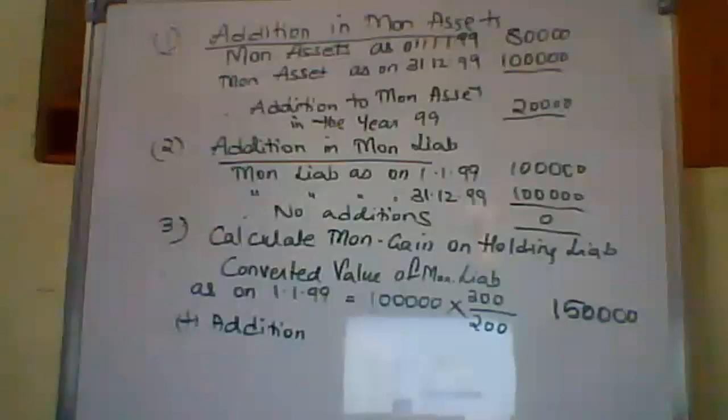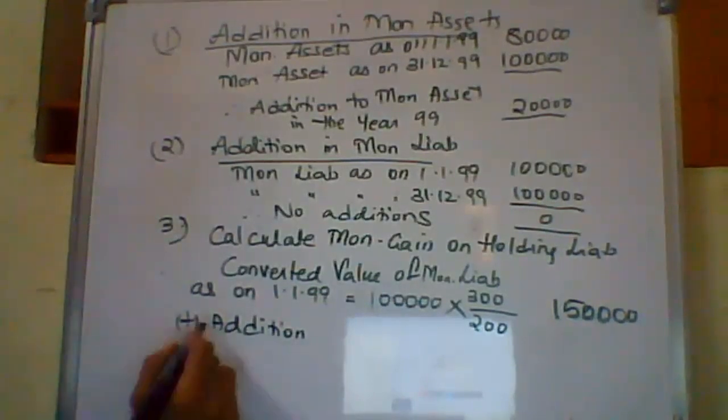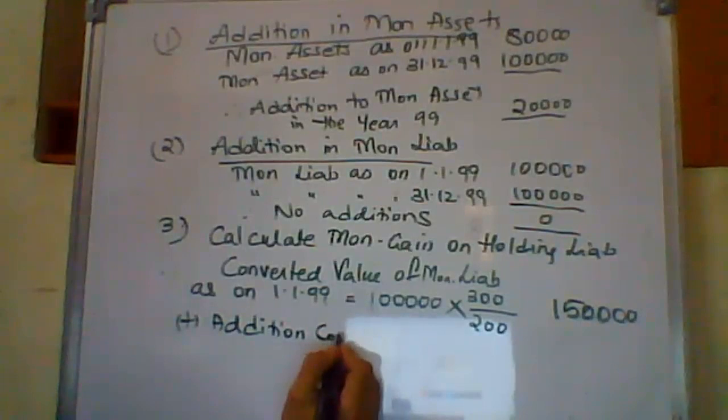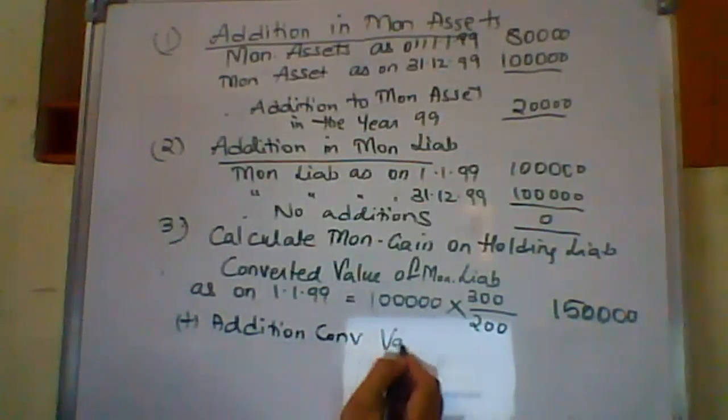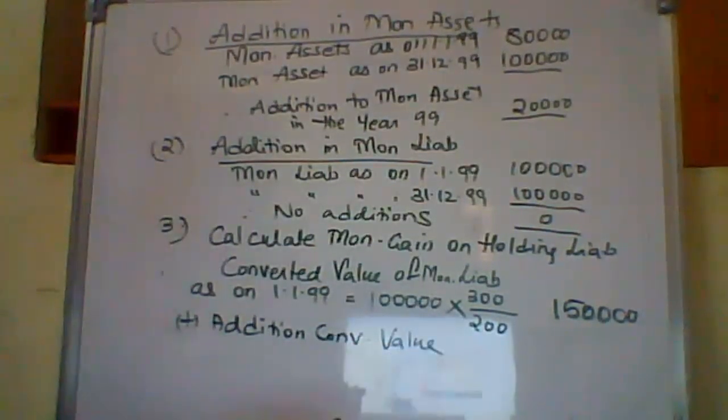1 lakh into... yeah, 1,50,000. Now I'm adding all the additions which are there, the converted value additions. I don't have any converted additions.